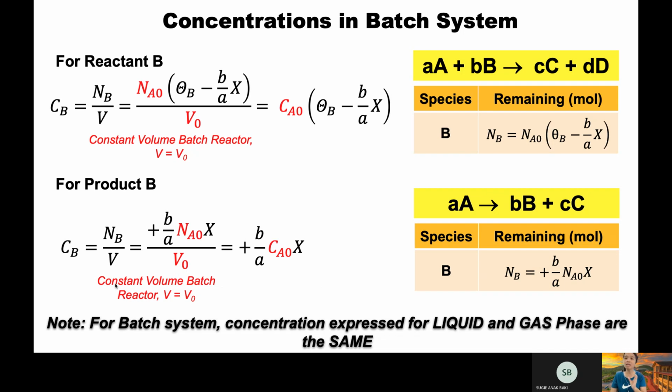But because B is a product now, so the NB equals to plus B per A Na0X. Divide by volume reactor, instead of outlet, I make it equals to inlet, V0. So B Na0 di atas, V0 di bawah, I divide, I get Ca0. So it become plus B per A Ca0X. So now I express for CB.